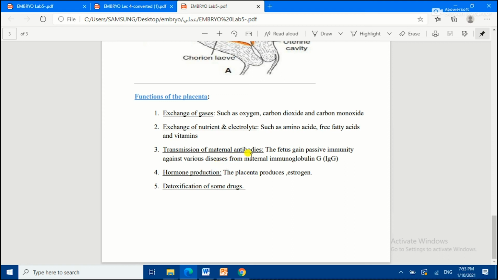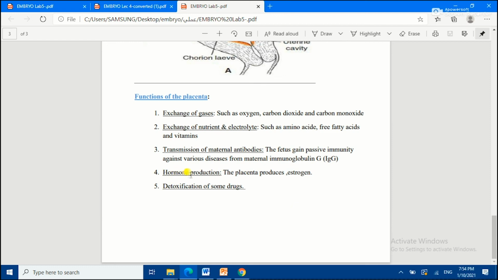If we want to see what kind of antibodies these are, they are maternal IgG, or immunoglobulin G. So if the mother has immunity against a specific disease, the baby will get the same IgG, I mean the same antibodies against the same disease.